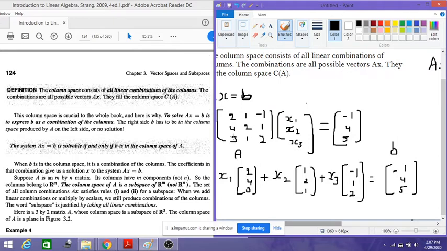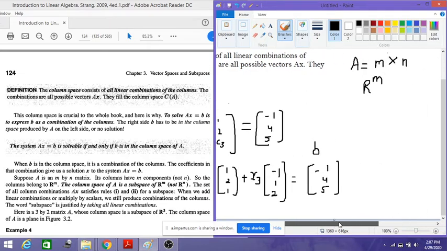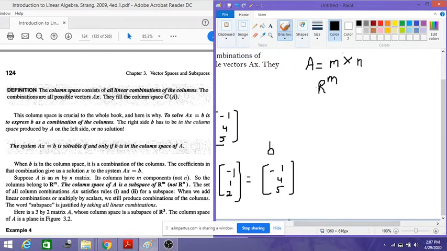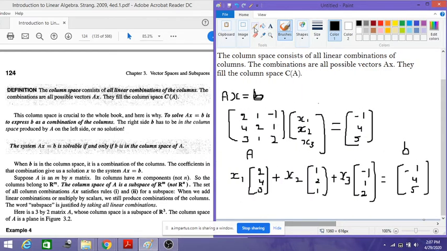If you look into this equation, there are 3 rows, so the vector space consists of 3 components. So it is in a 3-dimensional plane, defined as R to the power m, not R to the power n. For example, it is not necessary to have three components, it can have two components as well. Rather than a square matrix, it can be a rectangular matrix as well.